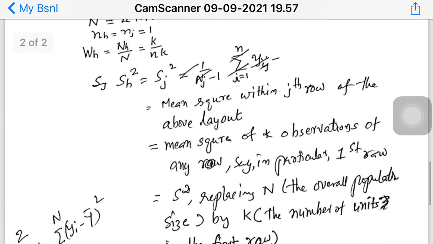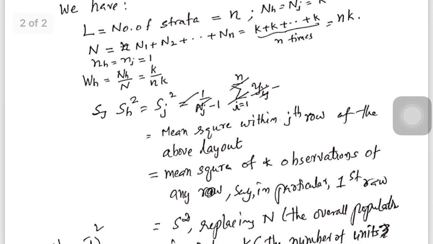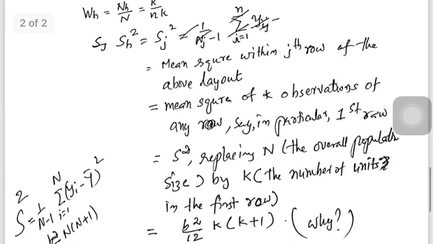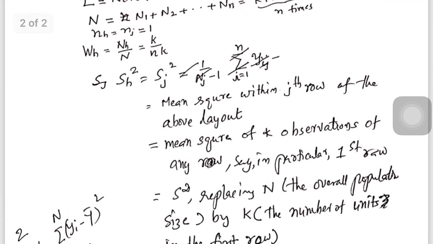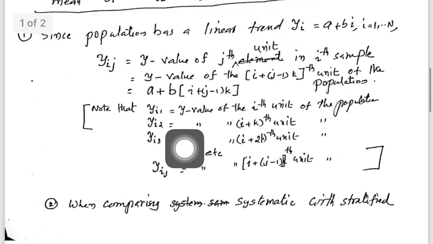I have explained many things, and you should see this. What is your Sj square? Sj square or Sh square as per our notation. Now this Sj square is actually the mean square within the jth row of the above layout.